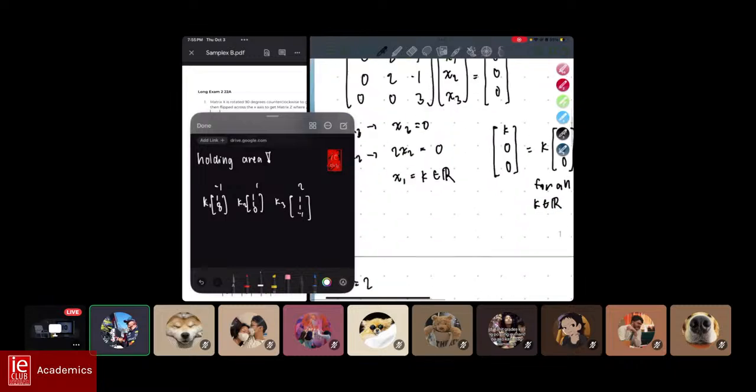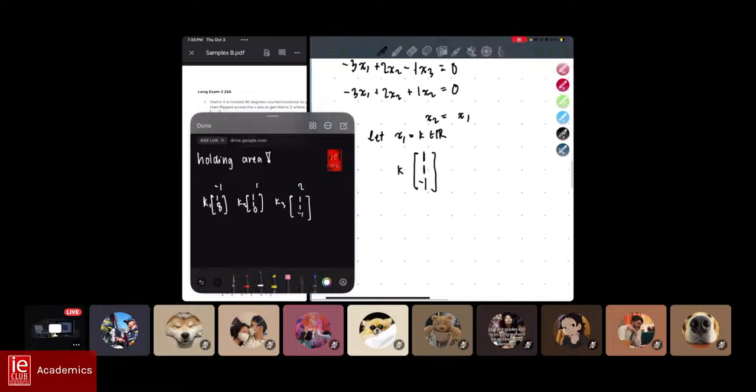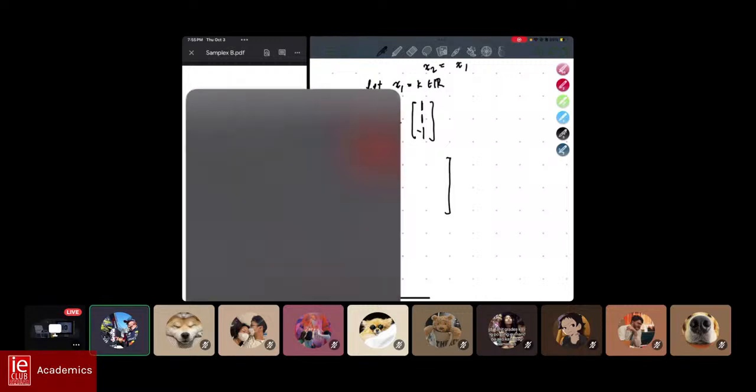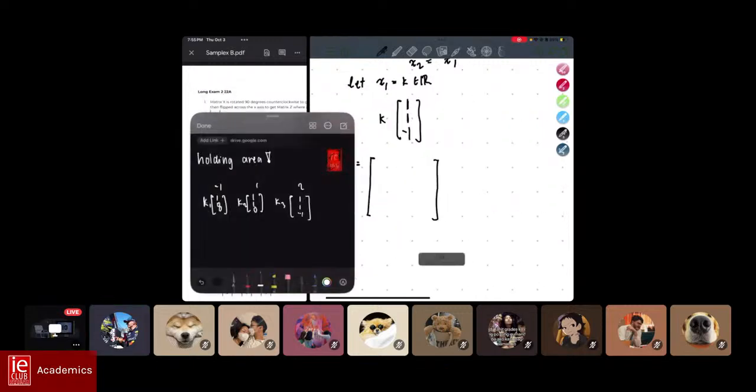Okay, so now we can use this to find C and D. So C is basically all of the eigenvectors put together in one matrix, and then D is the one that's the eigenvalues in diagonal form. So we can now put this together. So let's just do it in the order that we found it.